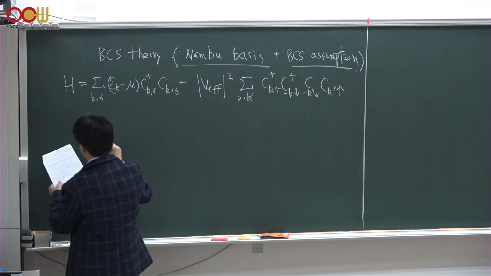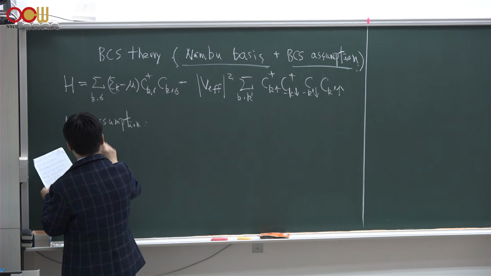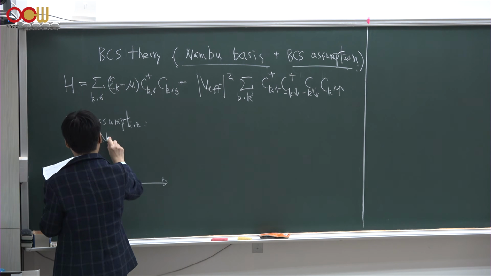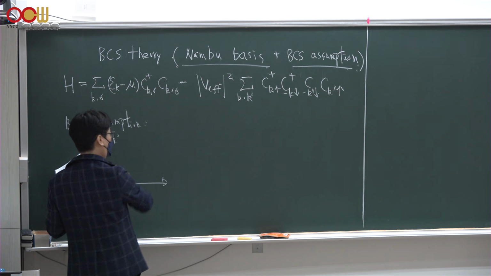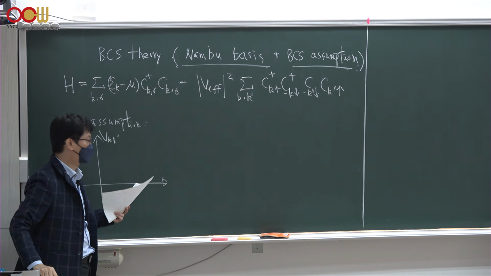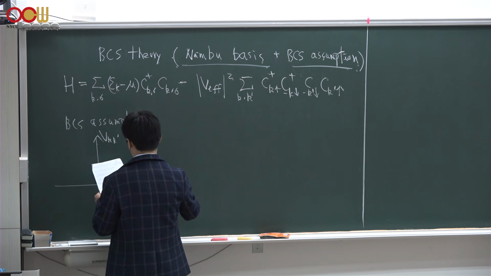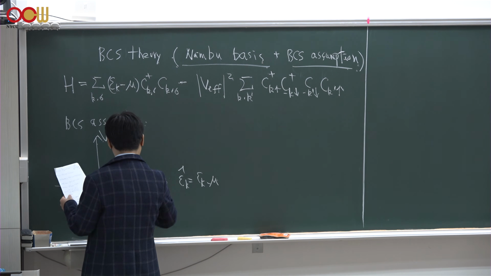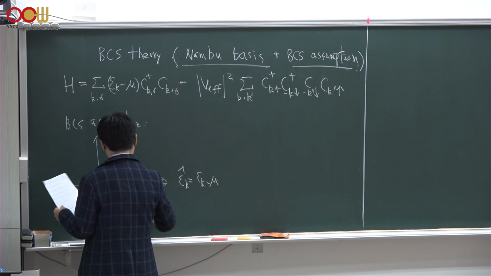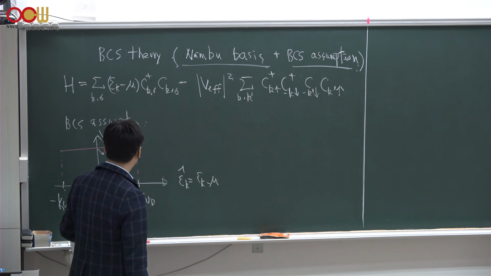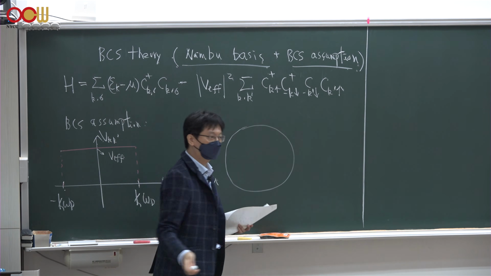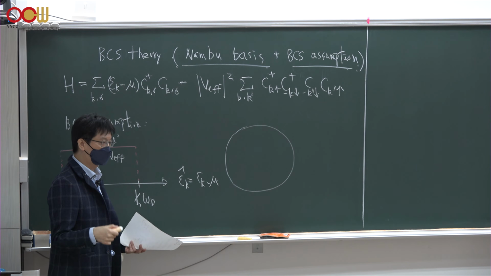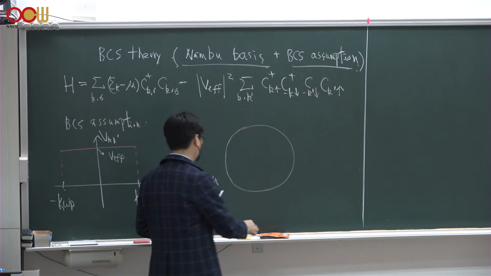So the BCS assumption is this. They assume that the matrix element V_KK' is roughly a constant near the Fermi surface, over a window of plus minus the Debye energy. As I mentioned, electron-phonon coupling ranges plus minus the Debye energy relative to the Fermi energy, right?